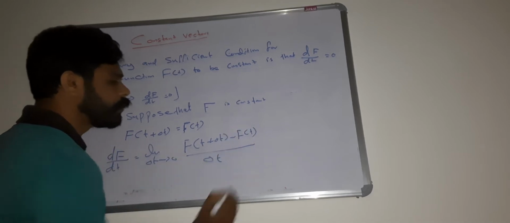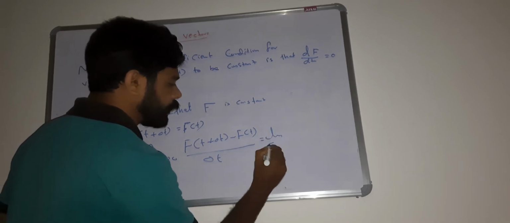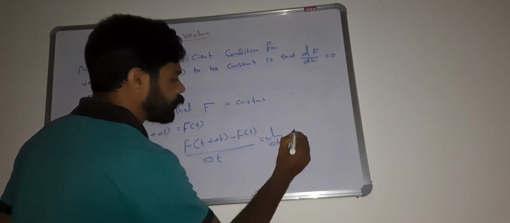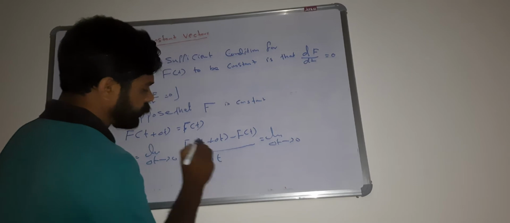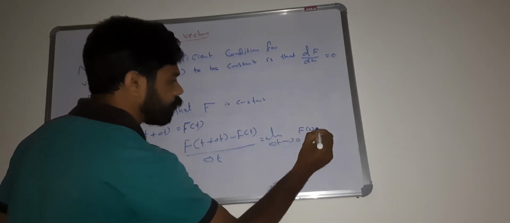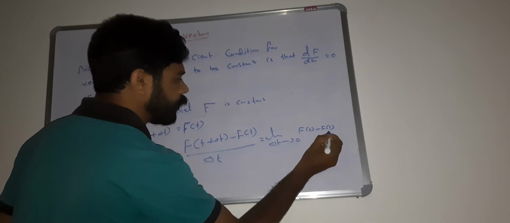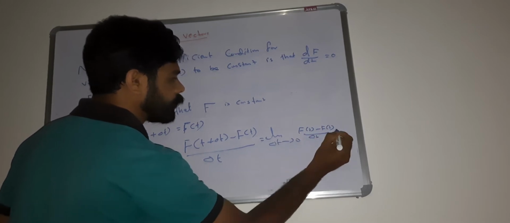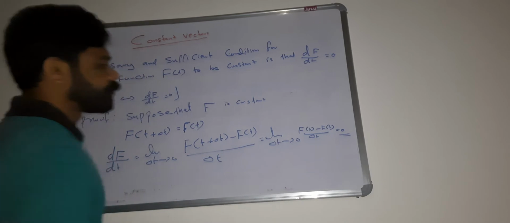That is equal to limit delta t tends to 0, f of t minus f of t divided by delta t, which is equal to 0.